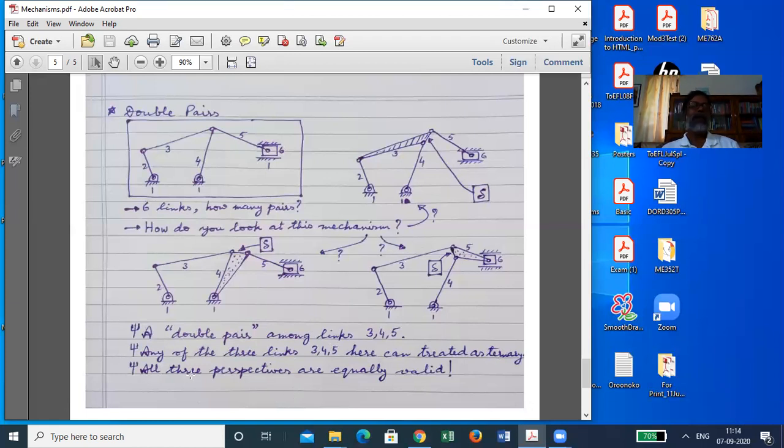To me, this looks more straightforward, the way I love to think of it. But if you like to think of it like this or this, I have no issues with it. Now, why do I think this is more lovable? Because here one loop of the mechanism is a 4-link loop and another is 1, 4, 5, 6.